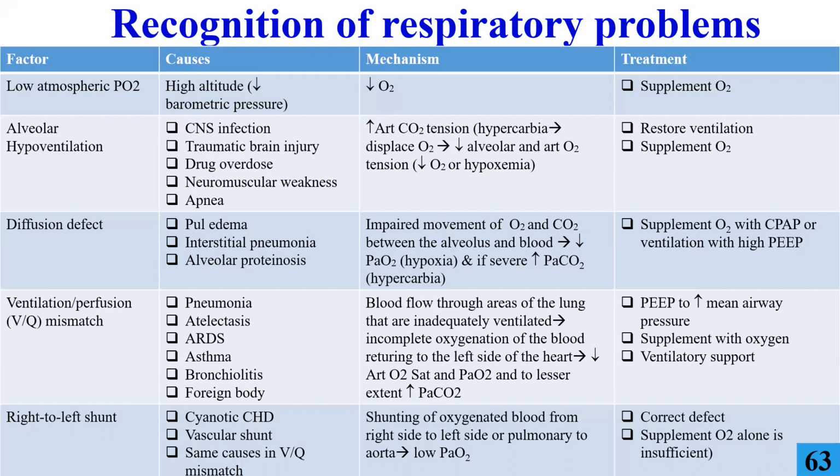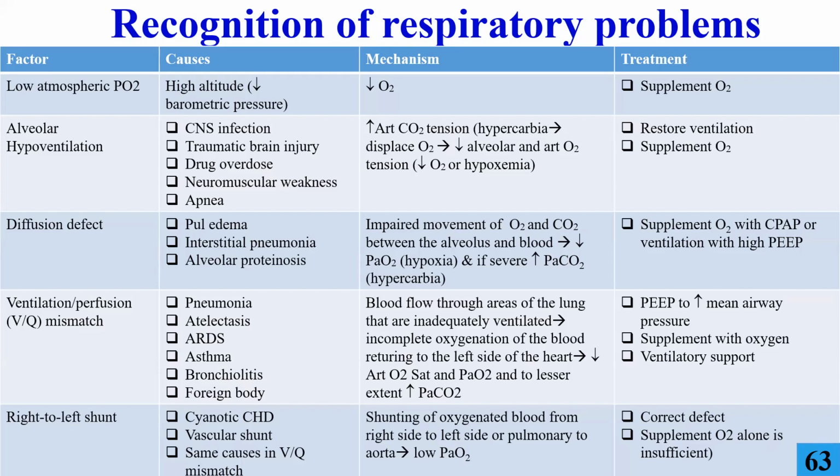This happens when there is no order from the brain to the respiratory system, which occurs when you have CNS infection, traumatic brain injury, or intoxication, or sometimes we don't have good ventilation when we have neuromuscular weakness, such as a nerve problem or even a muscular problem. Also when we have apnea or hypopnea, that's what we call a controlled breathing problem.